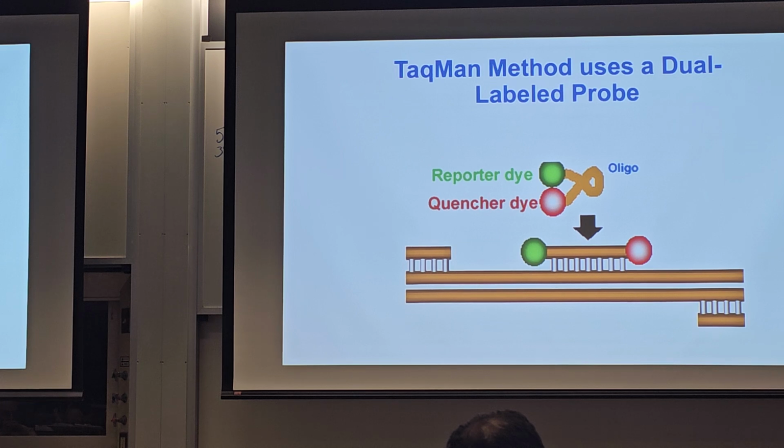Three things have to hybridize here in order to get a signal, right? So that's why the TaqMan system is considered to have better specificity, because not only do you have to have your primers matched, this thing has to match. And so that decreases the possibility of getting any off-target signal.